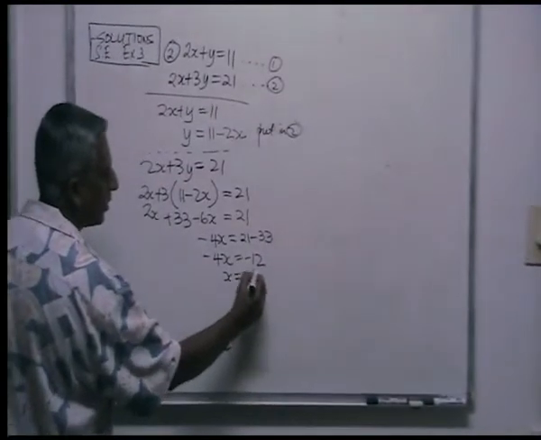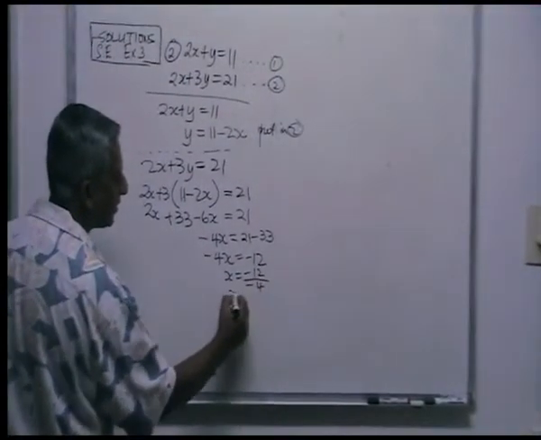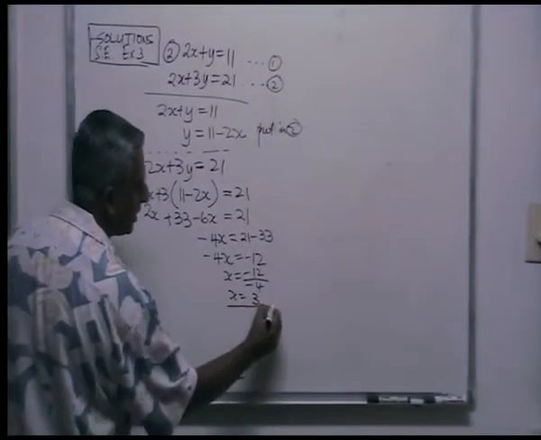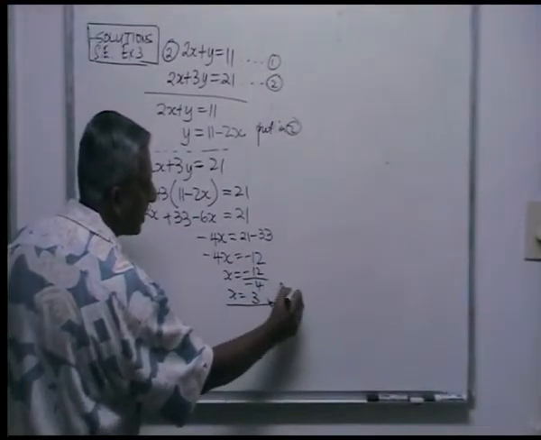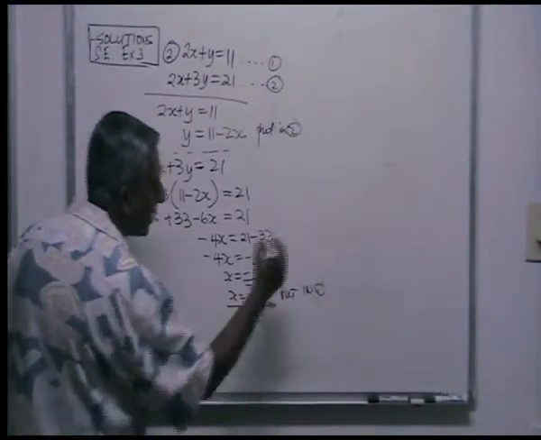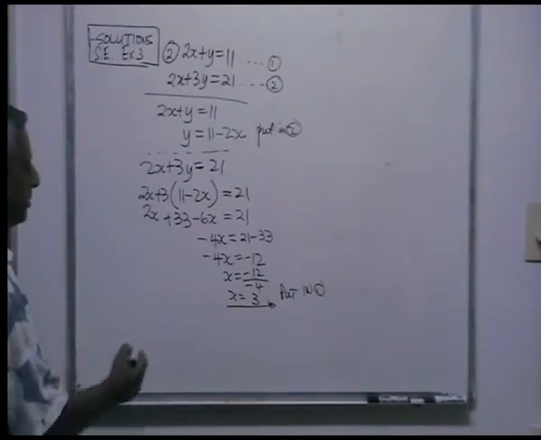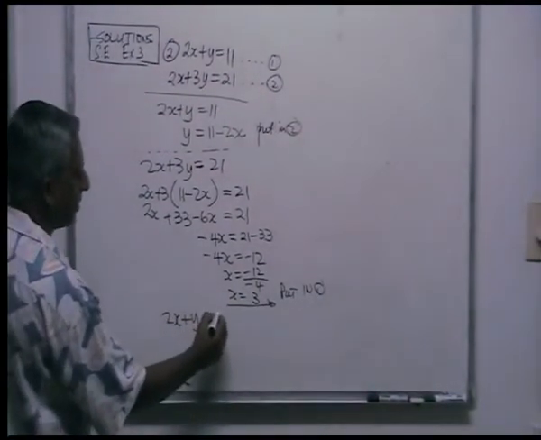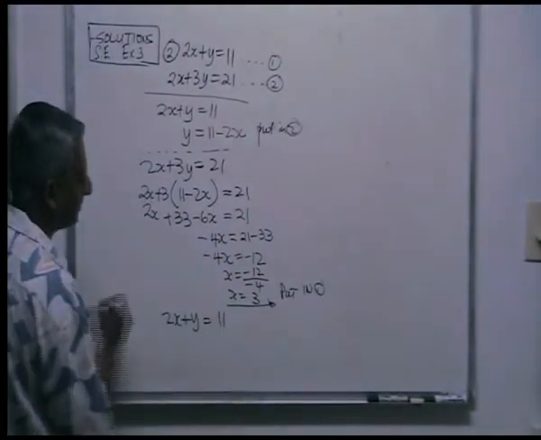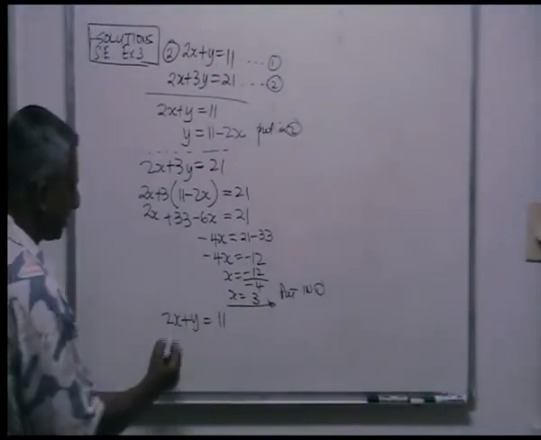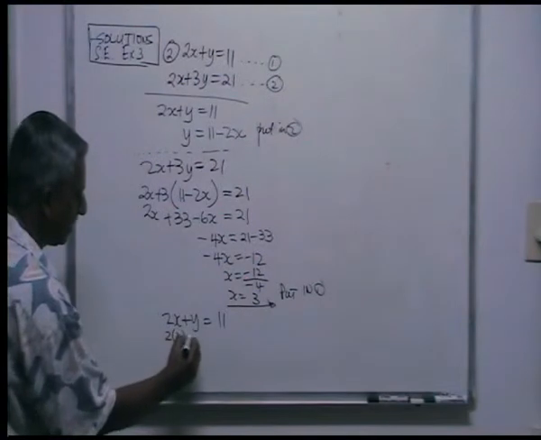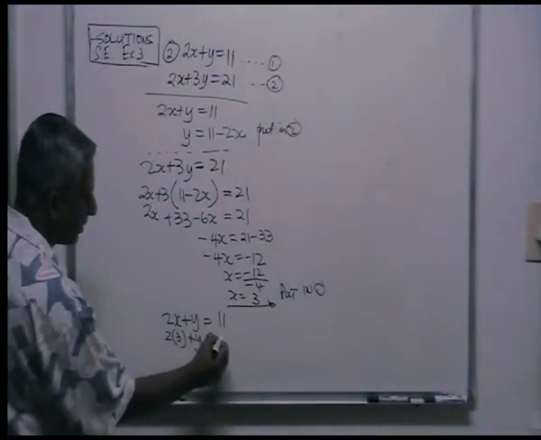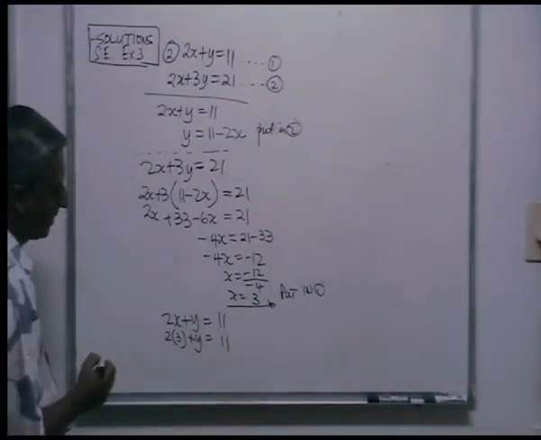And so x is equal to minus 12 divided by minus 4, x is equal to 3. And you put this now in equation 1. So equation 1 is 2x plus y is equal to 11. So x is 3, so 2 times 3 plus y is equal to 11.